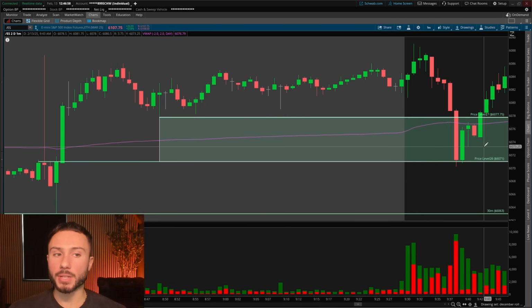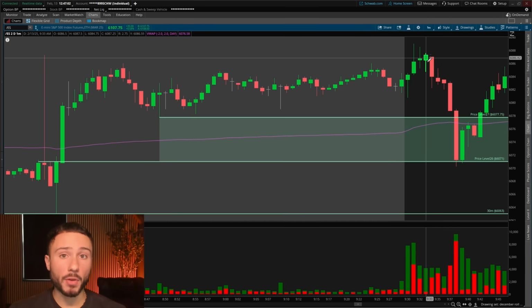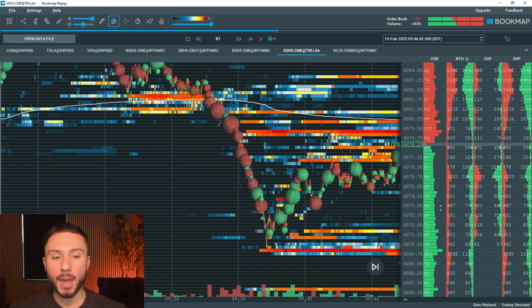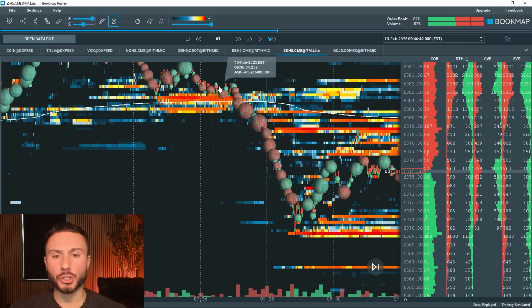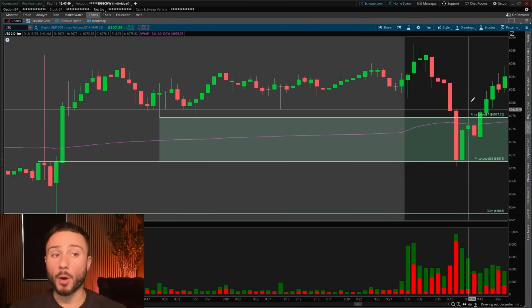Now, I can't lie, I was sitting in FOMO a little bit because the market held this and bounced at it perfectly. There were no bids that filled down there. There were really no delta outliers. There was no absorption. There was really no strong selling activity. It was just a sharp, aggressive, violent sell-off to the downside and a very violent and aggressive rally and bounce from this level when the market held it perfectly.